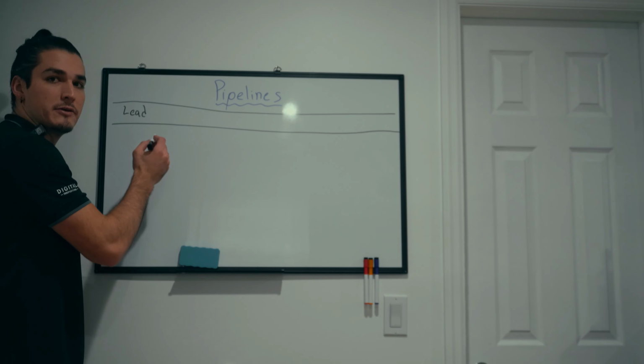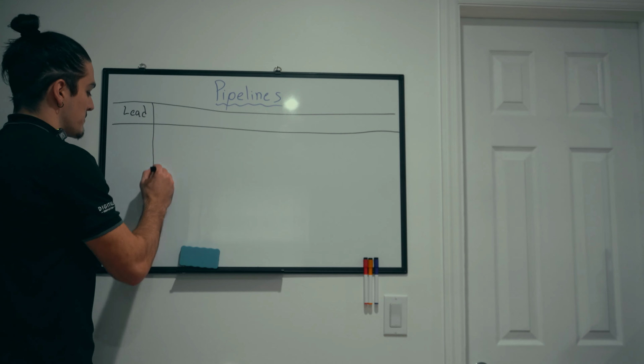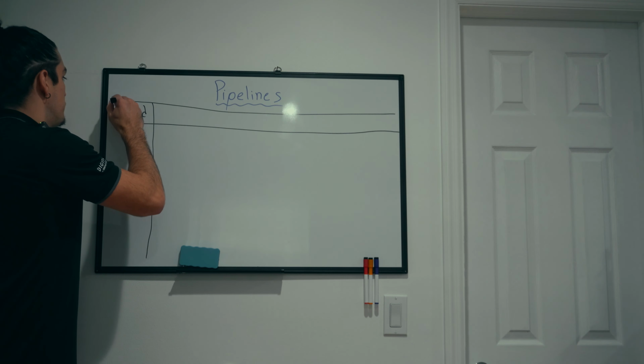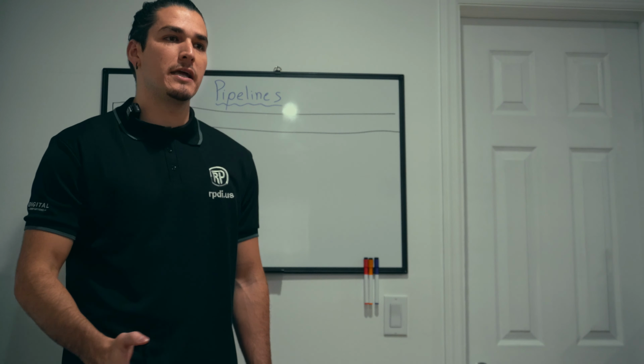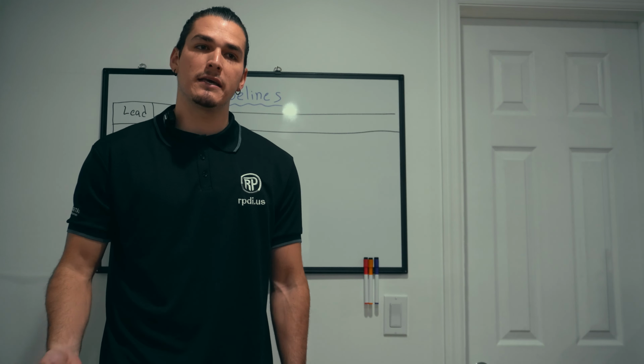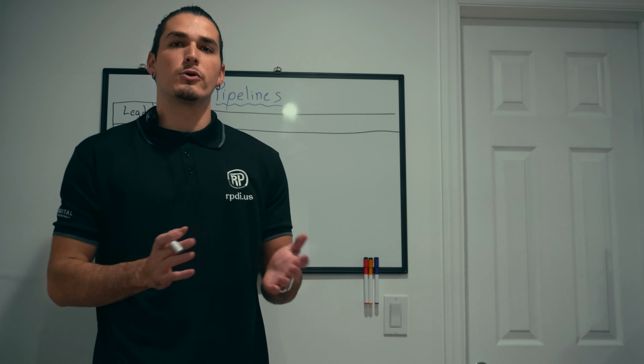So you have your lead here. This is the first step of your pipeline. For any service-based business, any type of product, there is always that first step, so we're going to call it lead.